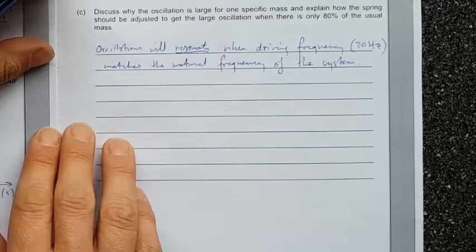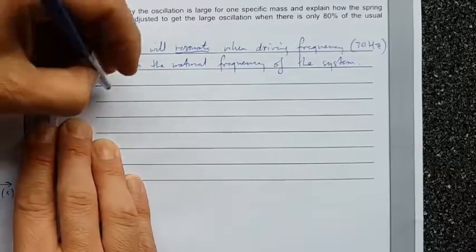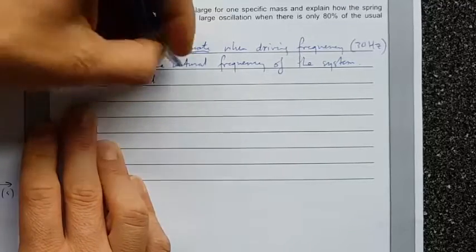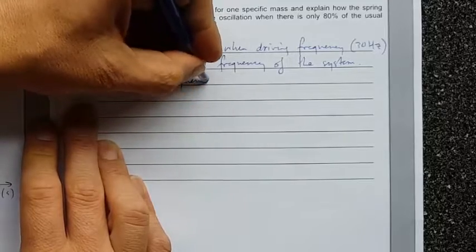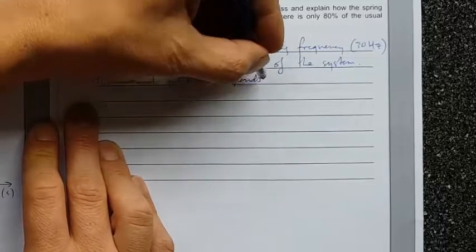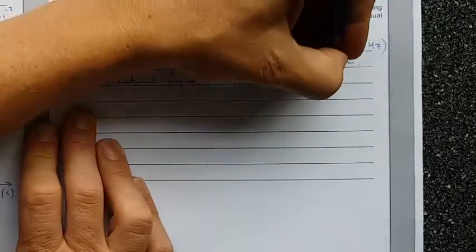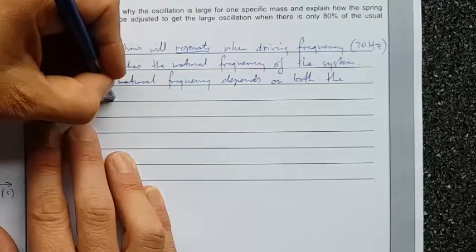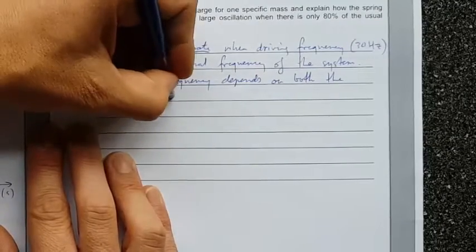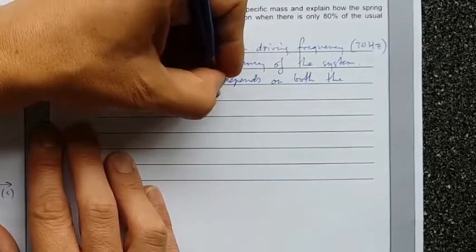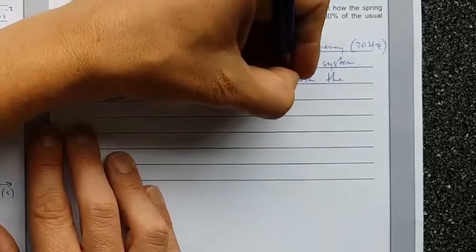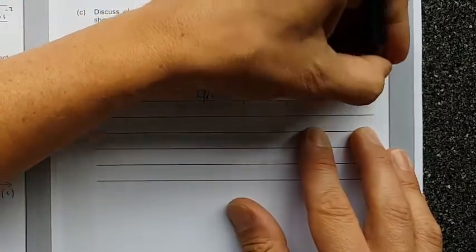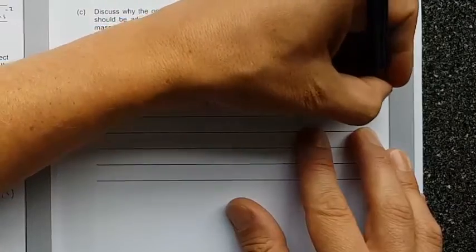Okay. The natural frequency depends on both the mass and the stiffness of the spring. As T is equal to 2 pi square root m over k.